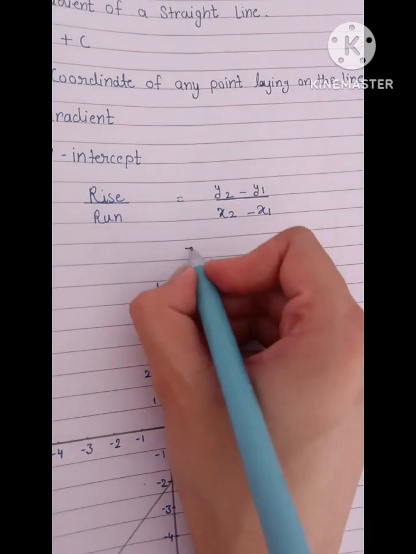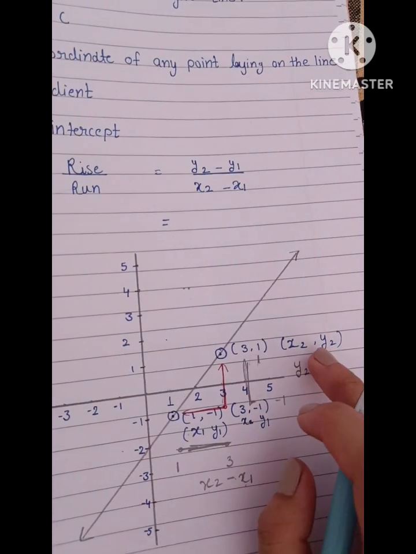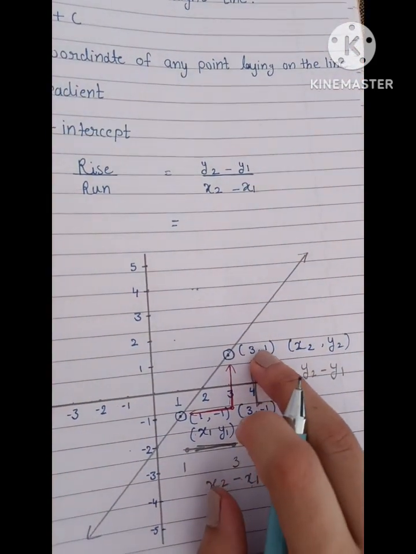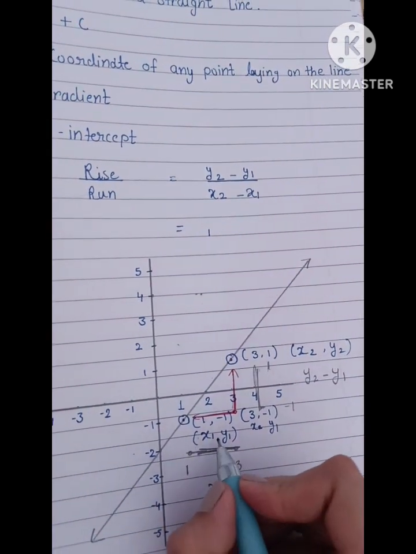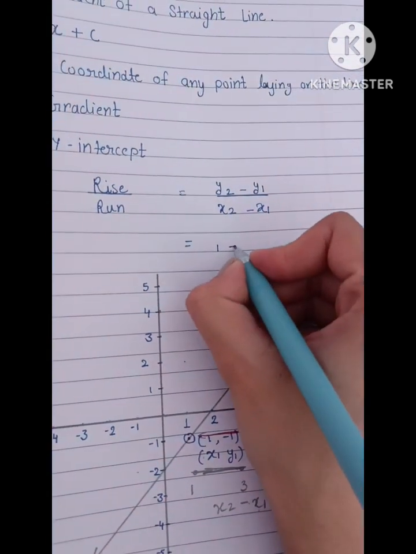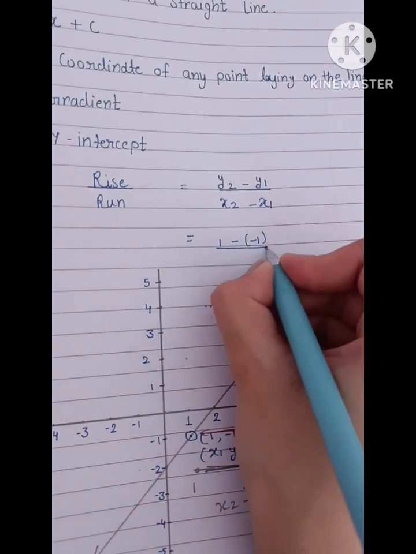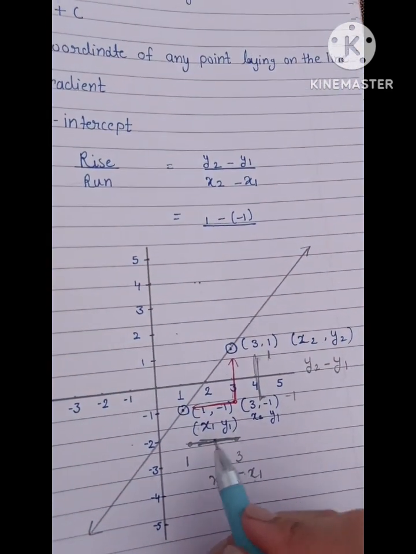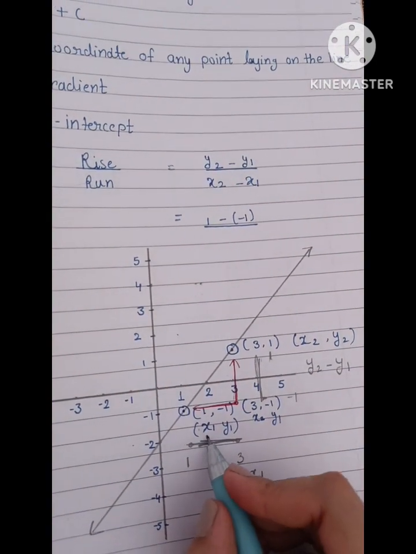Now if we place values in this formula, my y2 is 1 and my y1 is minus 1. So 1 minus (-1) upon x2, which is 3, minus x1, which is 1.